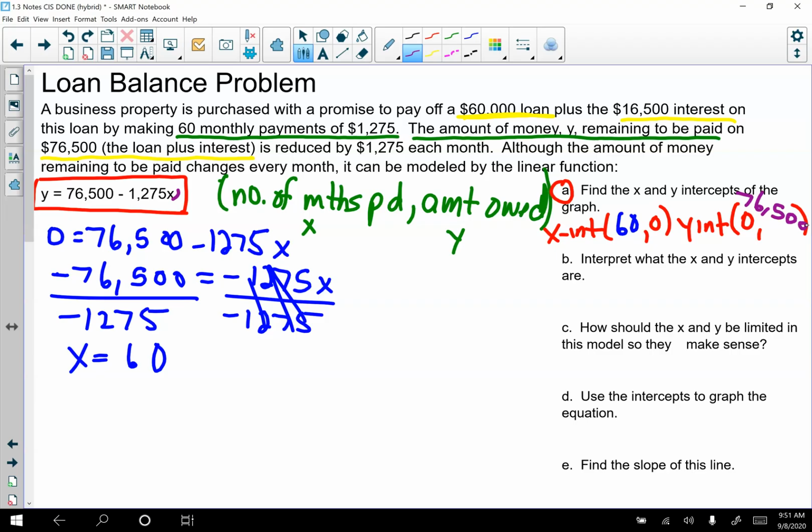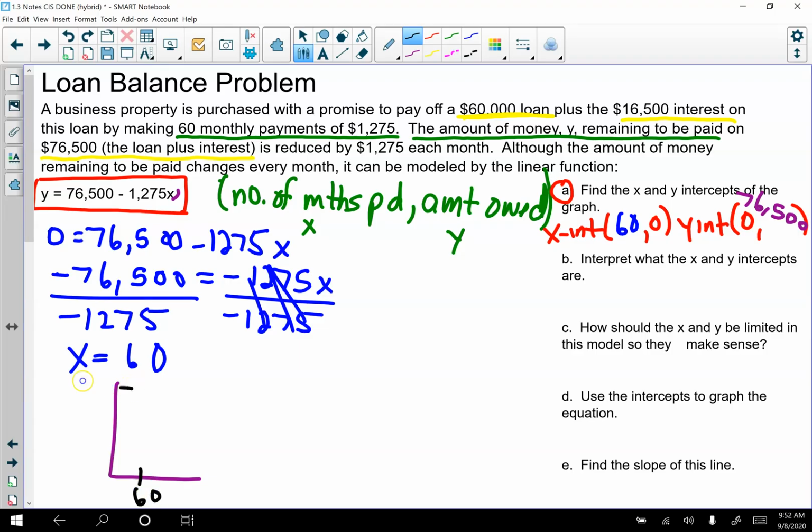Interpret what the x and y intercepts mean. So the x-intercept, if you think about what that means, where does it cross the x-axis? I'm going to just quickly graph this for you. So my x and y intercepts here, I want to just put it on here. So this is 60.